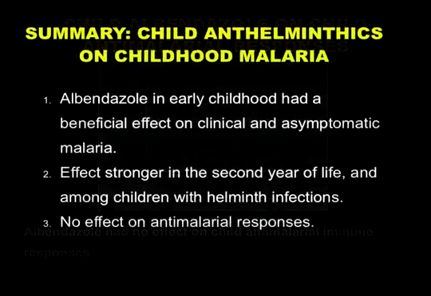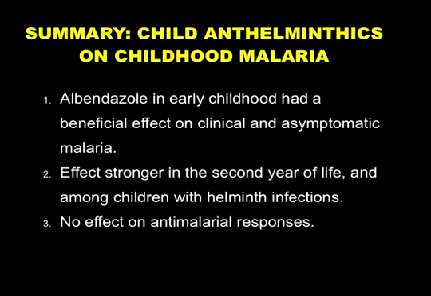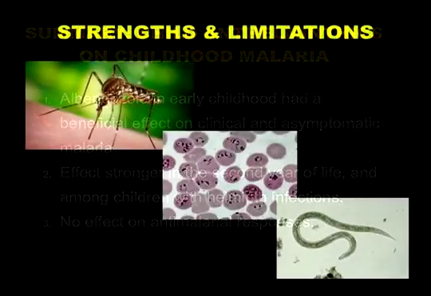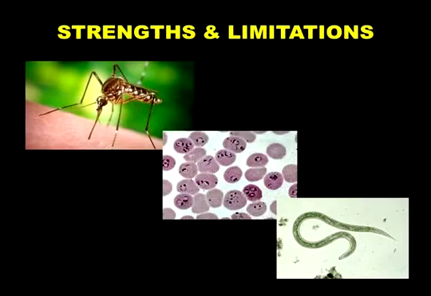So in summary, albendazole in early childhood had a beneficial effect on clinical and asymptomatic malaria. The effect seemed stronger in the second year of life and among children with helminth infections, without any effect on antimalarial responses noted. So now I'd like to share with you the strengths and limitations of this study.